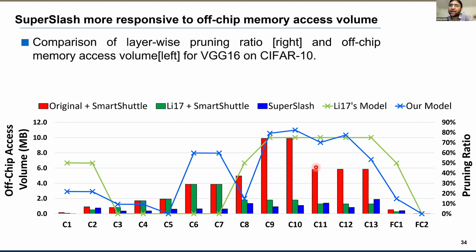Similarly, if you look at convolutional layers 6 and 7, our model is pruning these layers considerably.